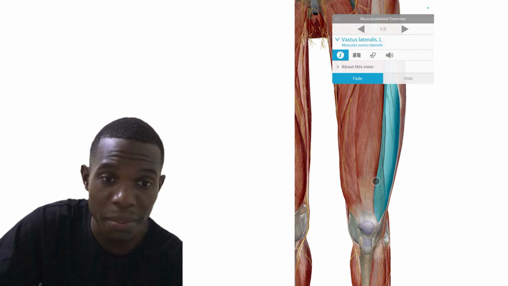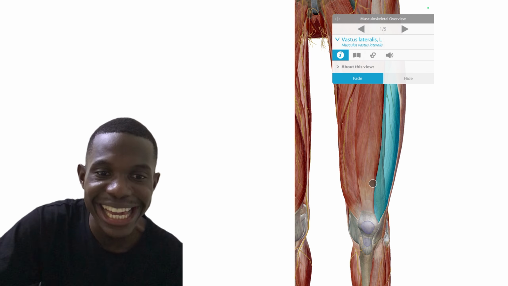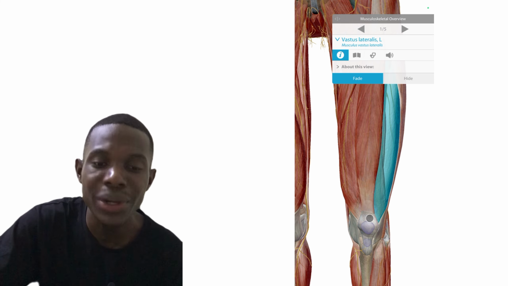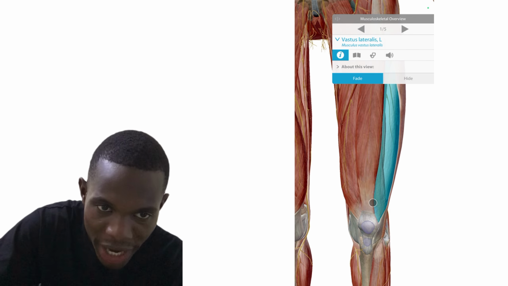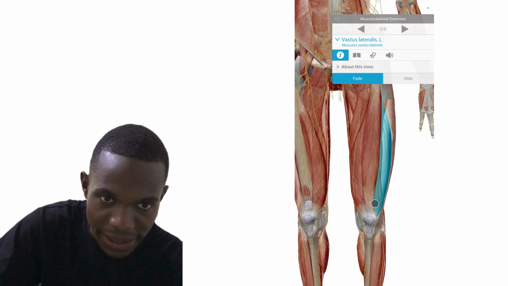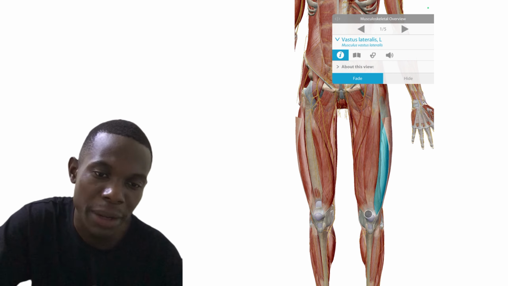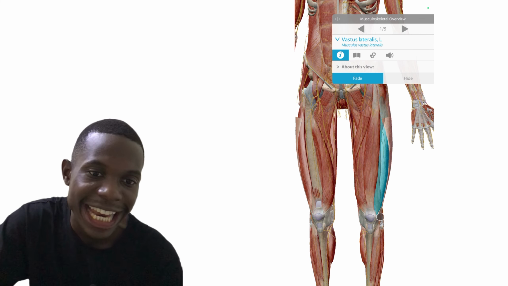So when these quadriceps muscles contract, they pull the patella superolaterally. So they pull it in this direction, superolaterally, thereby pulling the patella laterally.